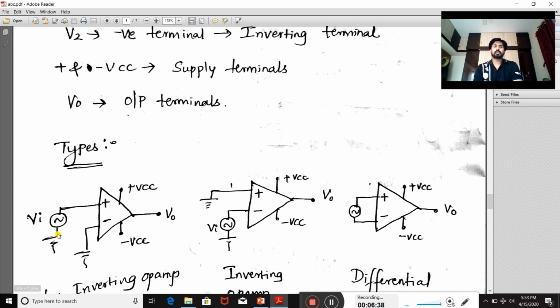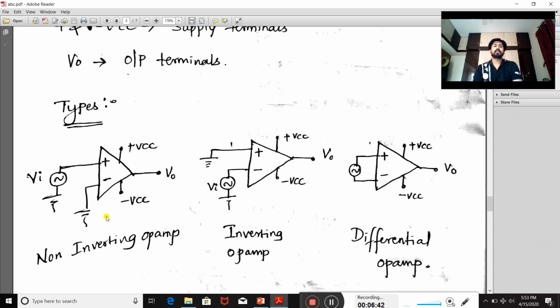If you connect the source or signal to the positive terminal, it is called a non-inverting operational amplifier. If you connect the signal at the negative terminal, it is called an inverting operational amplifier. And the third one is where you connect the signal or source between both terminals, hence it is called a differential operational amplifier.